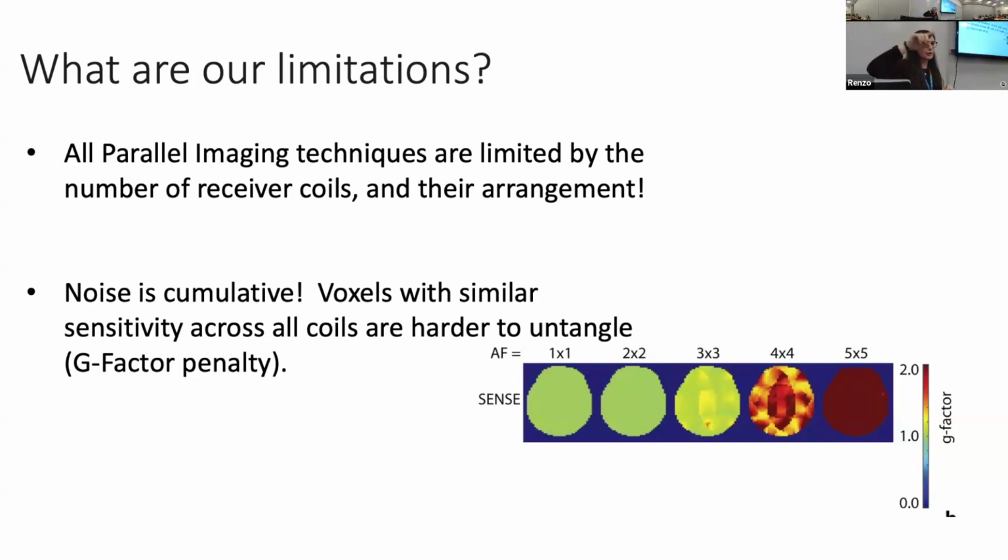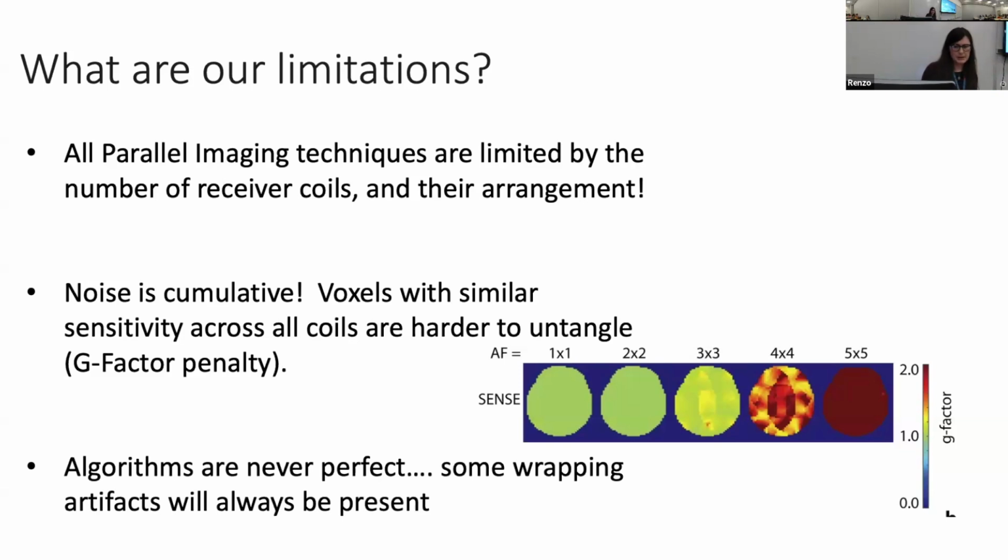But if you're doing something in the brainstem, let's say, all your coils are roughly the same distance from it, and they probably have the same power in explaining those voxels. And in those areas, if you accelerate a lot, you tend to be making worse predictions more often. And so this is something we have to deal with.